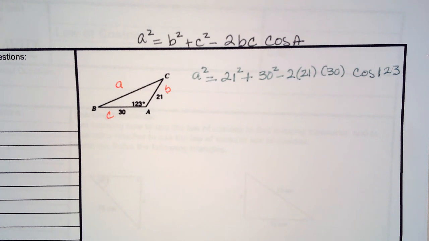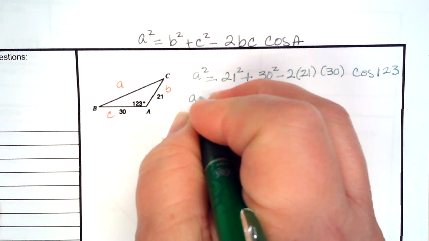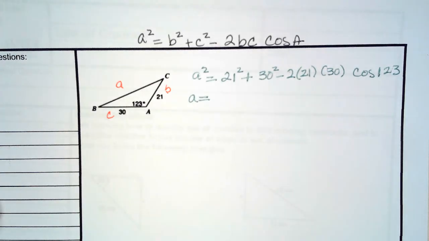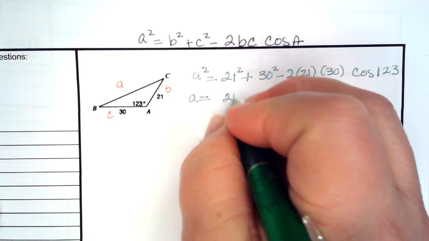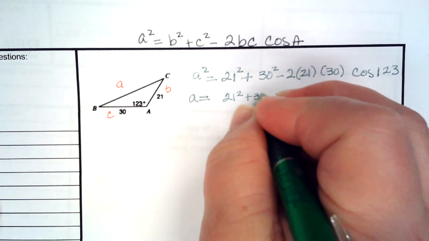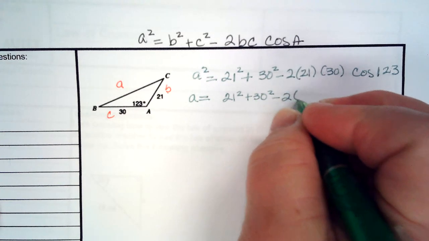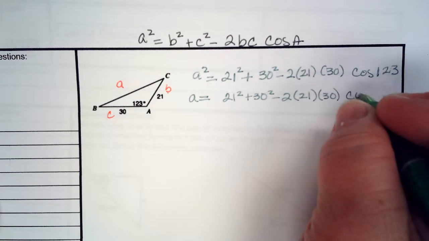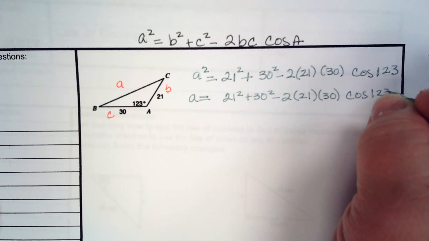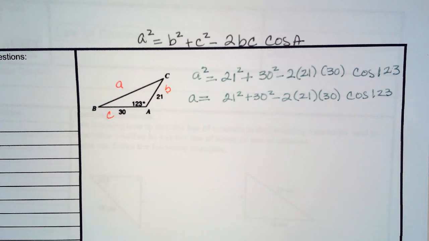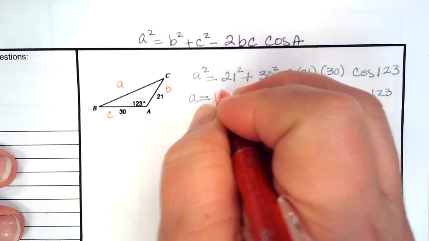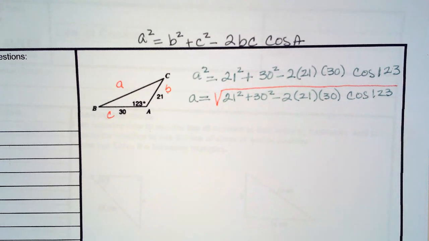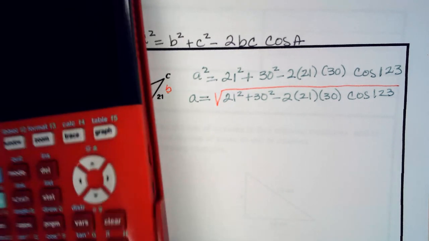Remember, the opposite of squaring is square rooting. So I'm going to square root the whole thing so I do not have as much chance of making a mistake with the math.